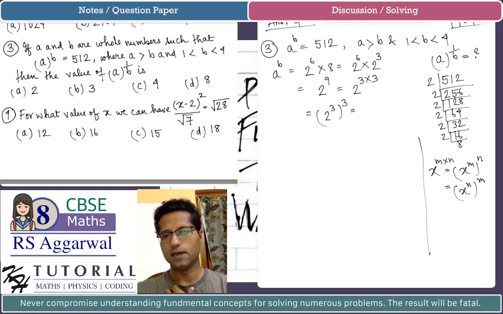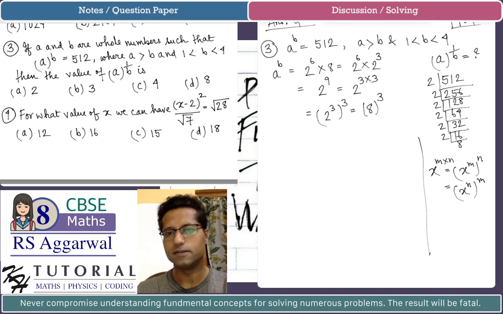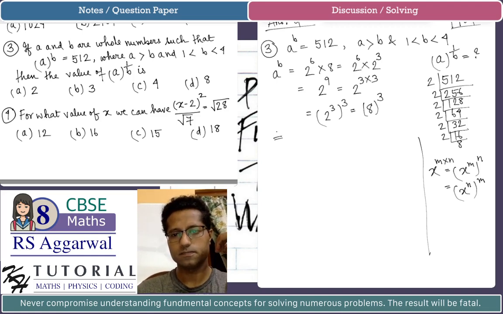So this is 8 whole raised to the power 3. Now we can see that the base 8 is greater than the power b, and also the power b is between 1 and 4. So this implies that a is equal to 8 and b is equal to 3.